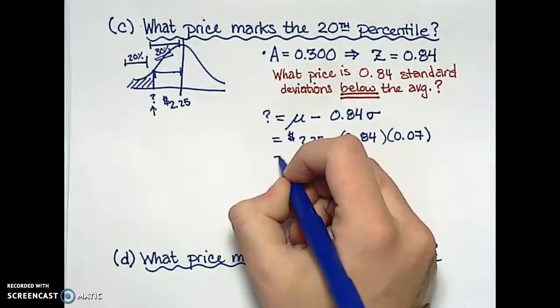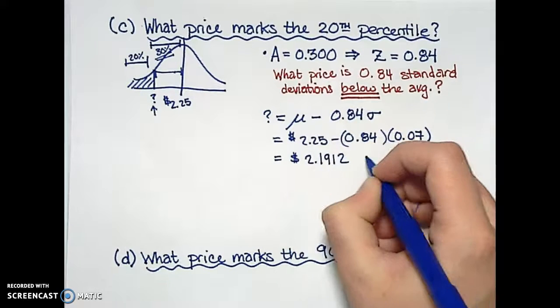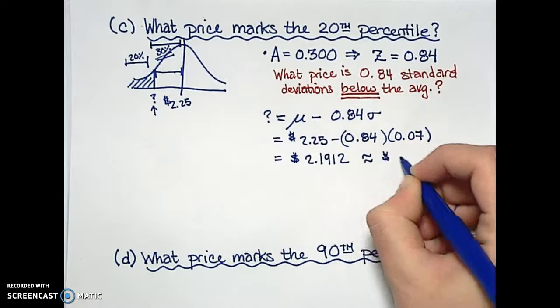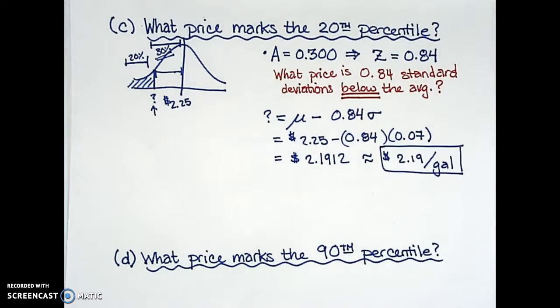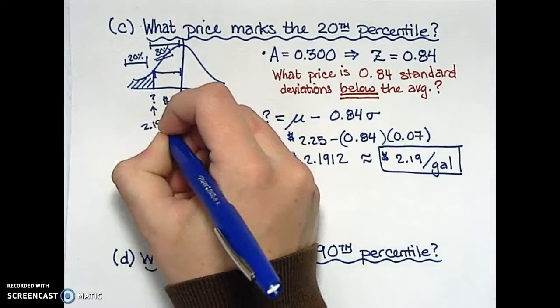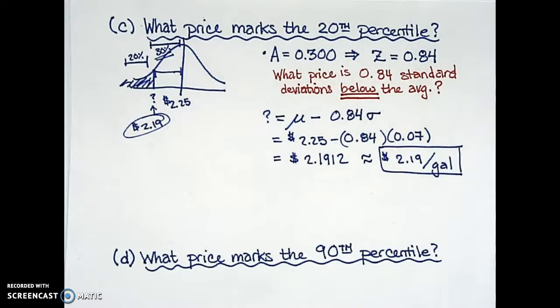We obtain a price of $2.1912, or rounding, approximately $2.19 per gallon. So it'd be fair to say that 20% of people pay $2.19 or less for the price of gas.